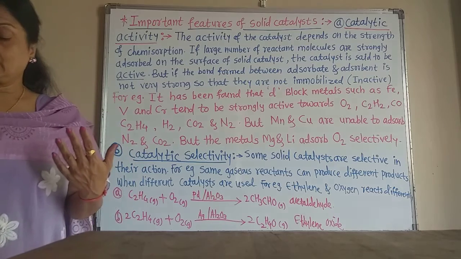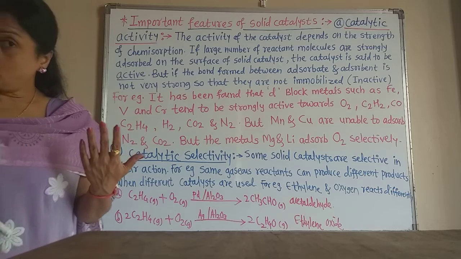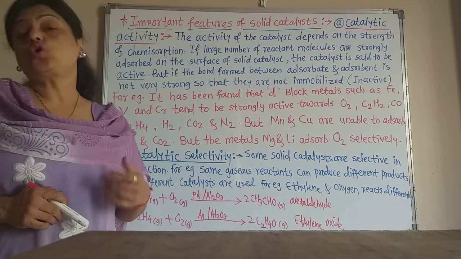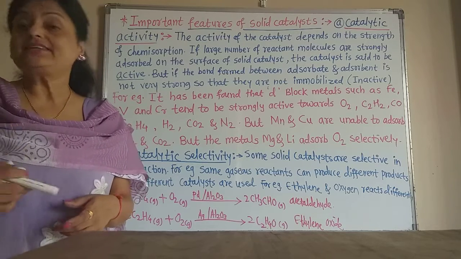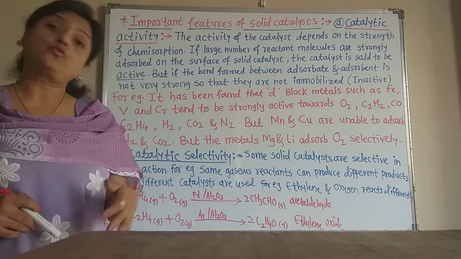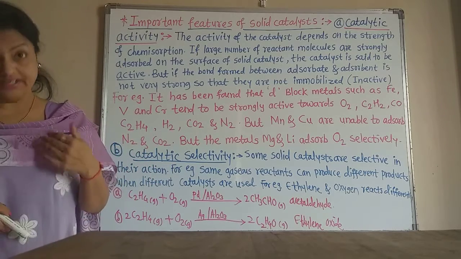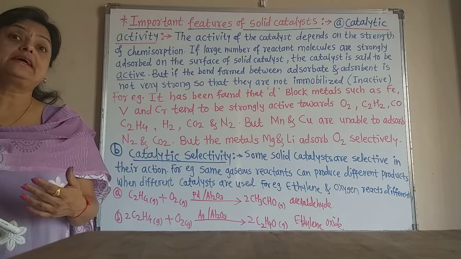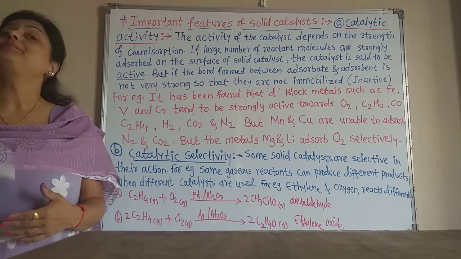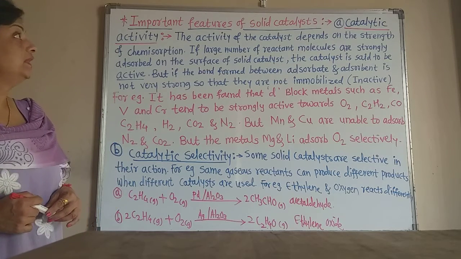But if carbon monoxide and hydrogen react together on the surface of copper, zinc oxide and chromium oxide, methyl alcohol is formed. That means when nickel is the catalyst, methane is formed, but when copper is the catalyst, methanol is formed. This is the second feature of the solid catalyst.